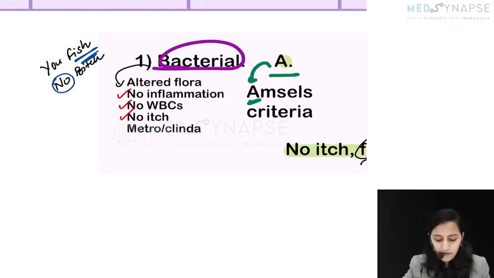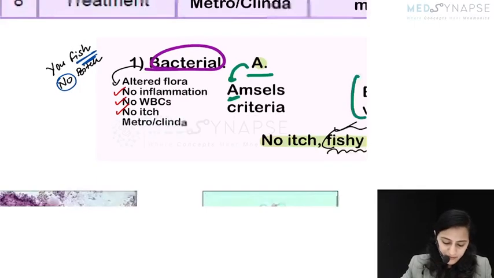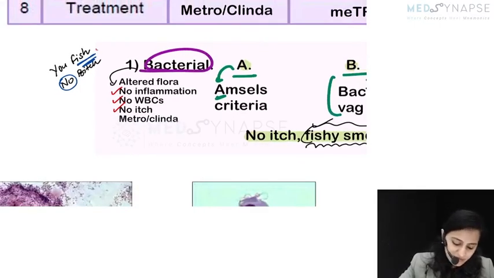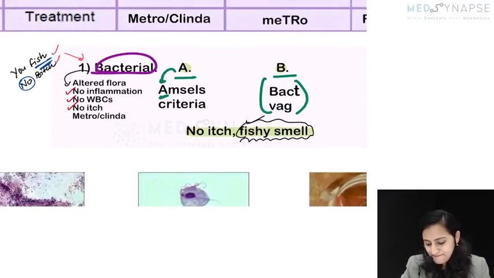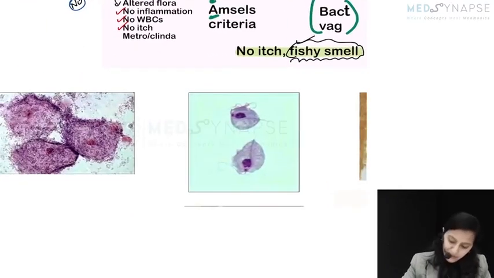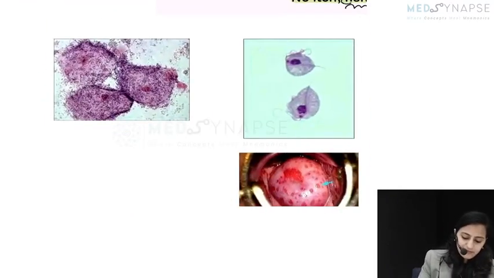You fish, no itch. So no itch, fishy, bacterial. How do you identify the clue cells? Clue is like glue. The epithelial cell has bacteria sticking to it. This is the clue cell.